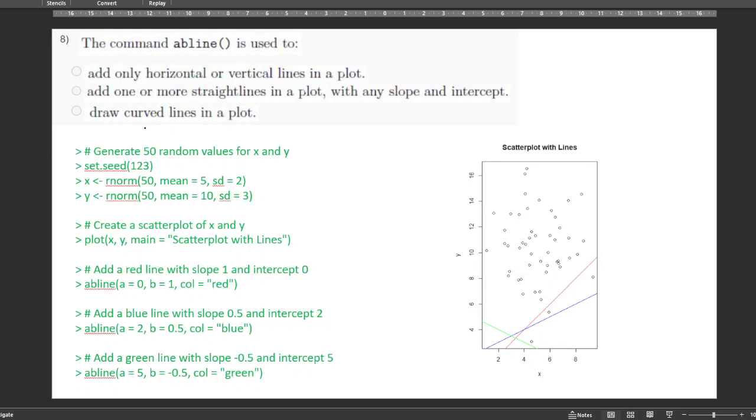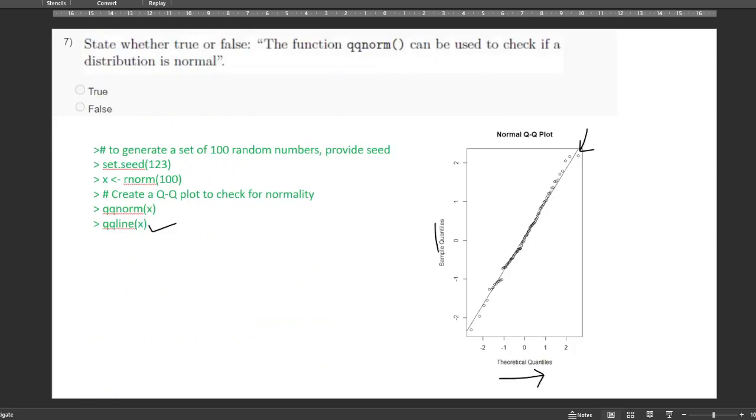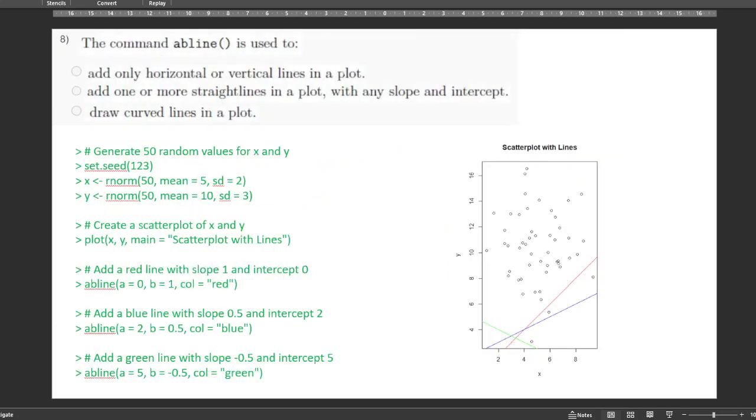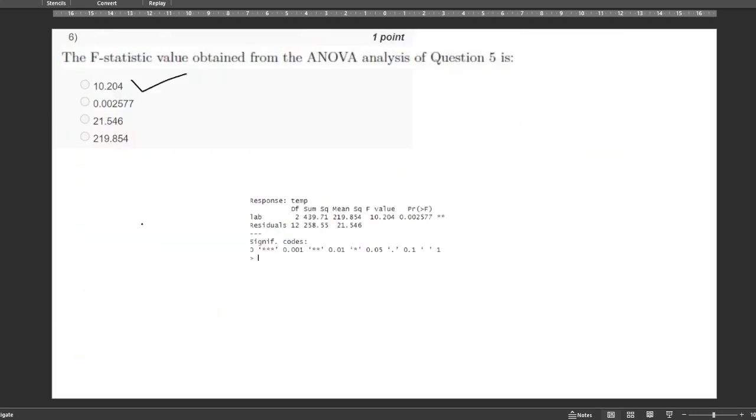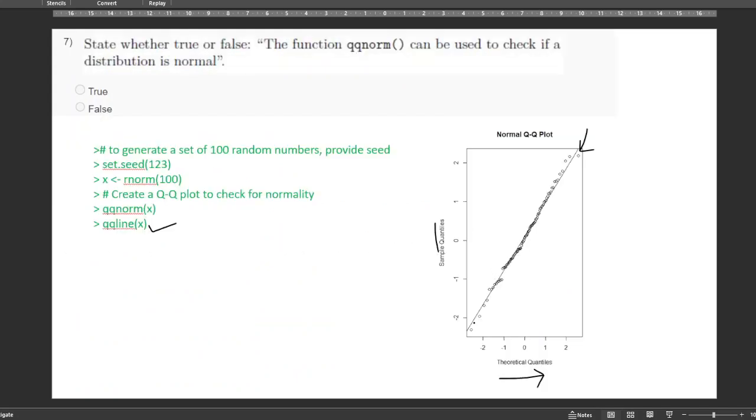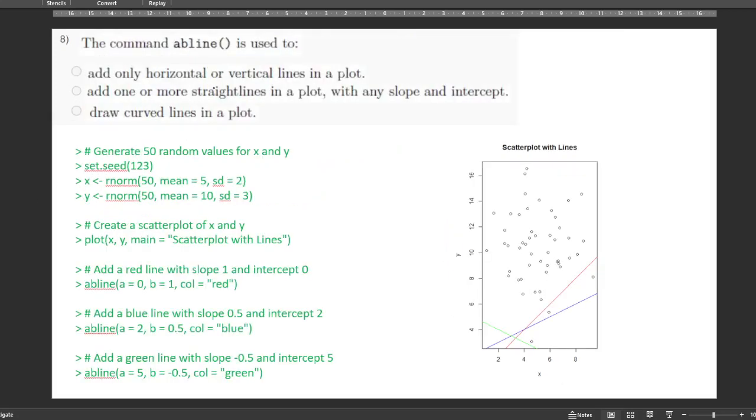You might have thought we could have used the same in the seventh question for the reference line. But if you use qqline, it will automatically take the slope and intercept value and plot the reference line. In the case of abline, we have to specify the slope and intercept.